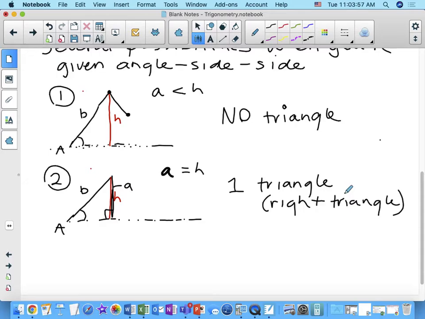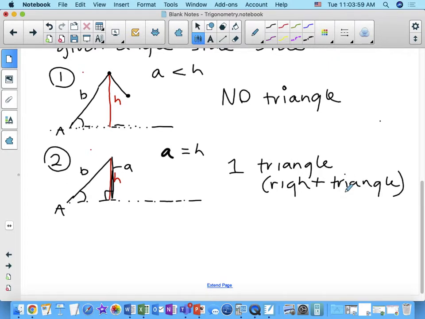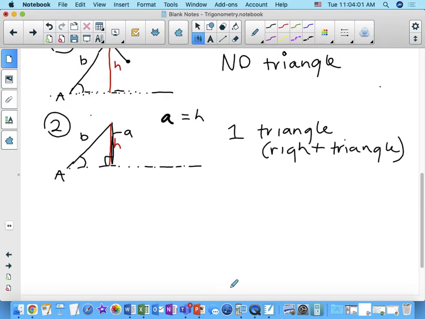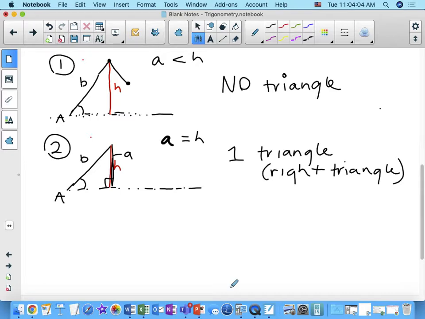Okay? And then the third possibility, oh, wait, this is going to be dotted, sorry. Here's my height again.